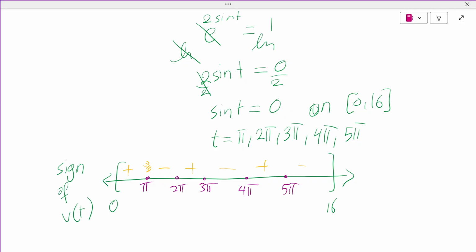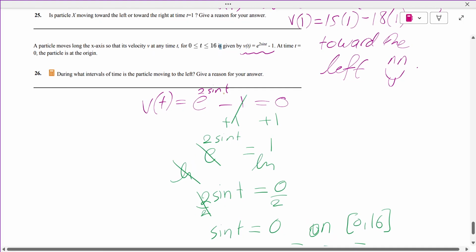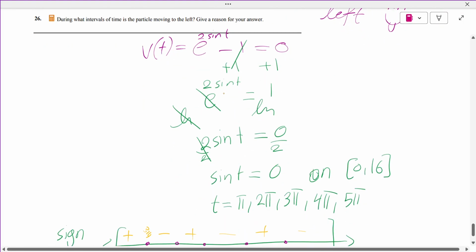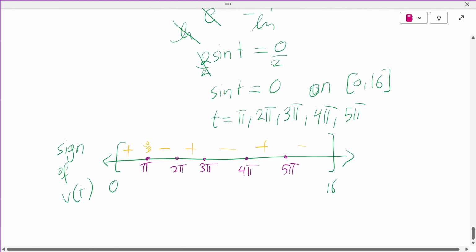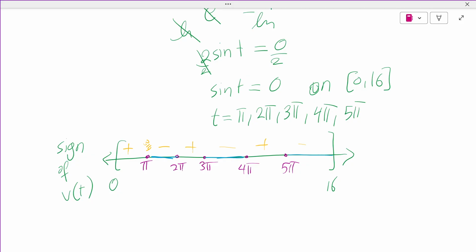The question says, during what intervals is the particle moving to the left? Well, the particle is moving to the left here, and here, and here.